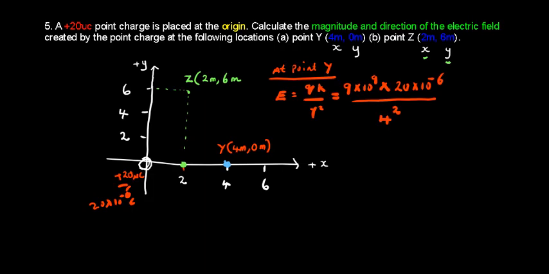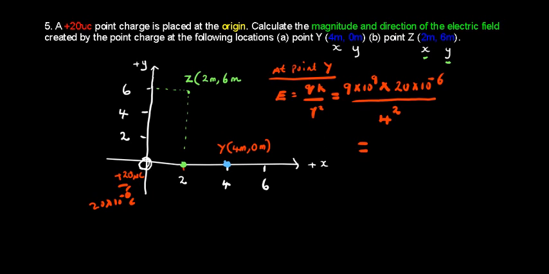Now let's resolve that. 9 times 10 to the power 9 multiplied by 20 times 10 to the power negative 6, divided by 4 raised to power 2.